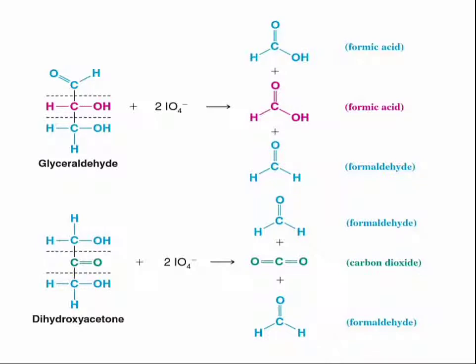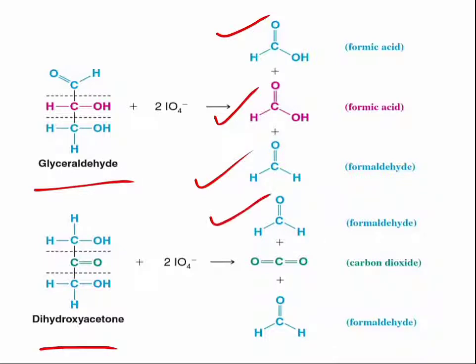So you can check that if you take glyceraldehyde, this will form formic acid, another formic acid, and one formaldehyde molecule. And if you take dihydroxyacetone, this will form one formaldehyde, this one will form carbon dioxide, and the last one will form another formaldehyde.